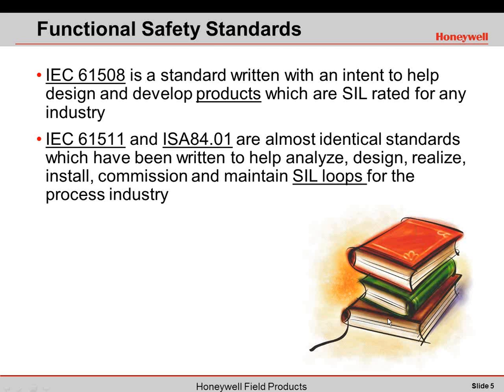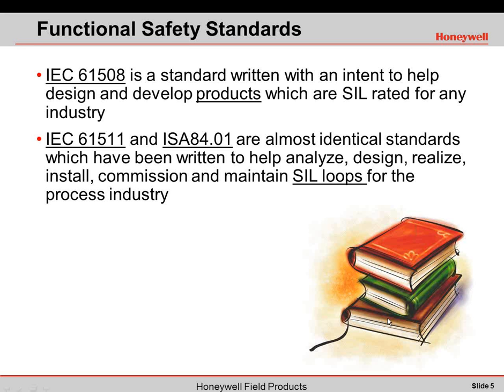The other one is IEC 61511 and ISA 84.01. Now, they're almost identical standards, and they're written to help analyze, design, realize, install, commission, and maintain SIL loops for the process industry.